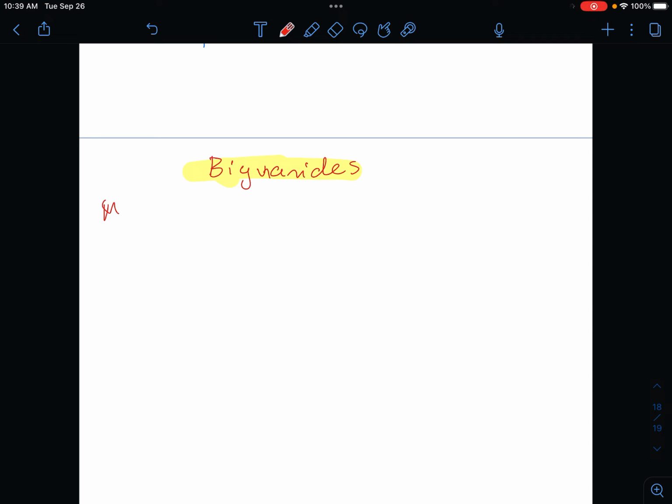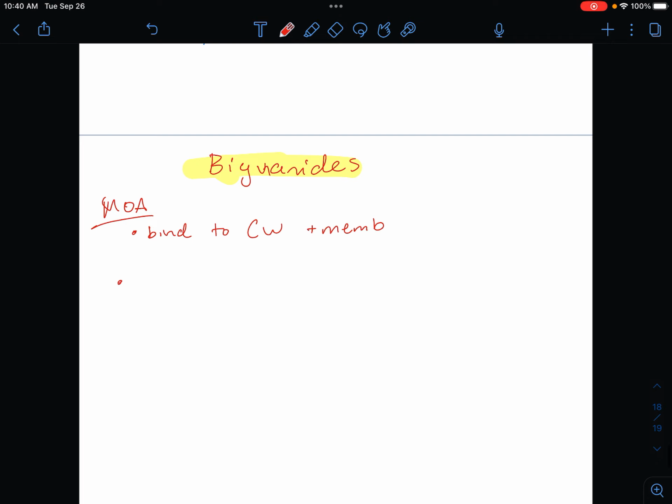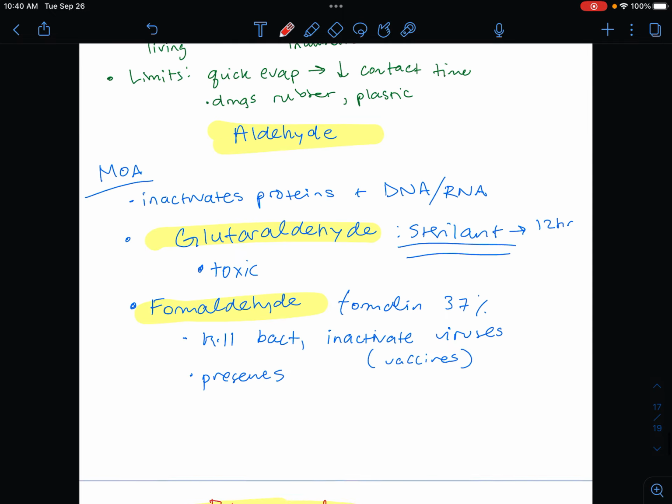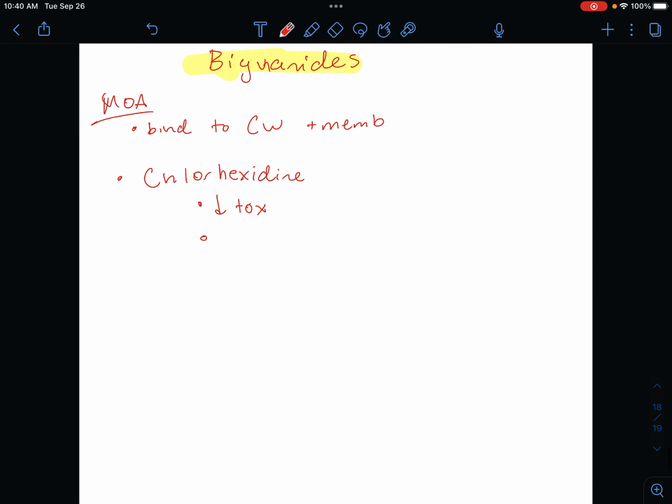The mode of action is you are able to bind to the cell wall and the membrane. One of the most common types is chlorhexidine, I think. All right, and low toxicity. So it's much safer than our glutaraldehyde.